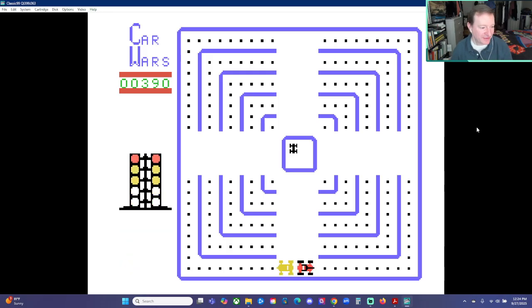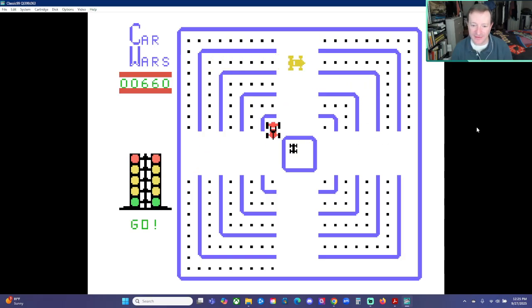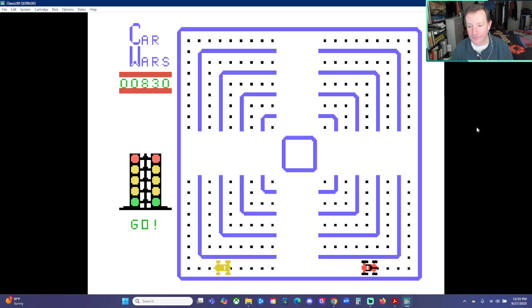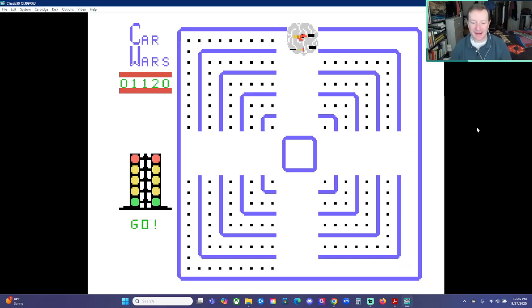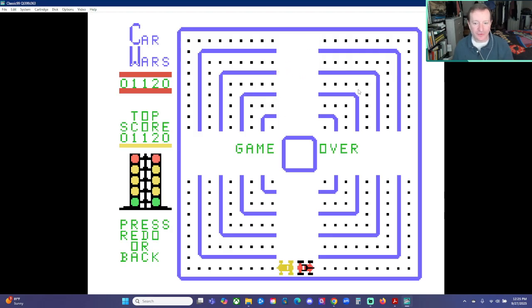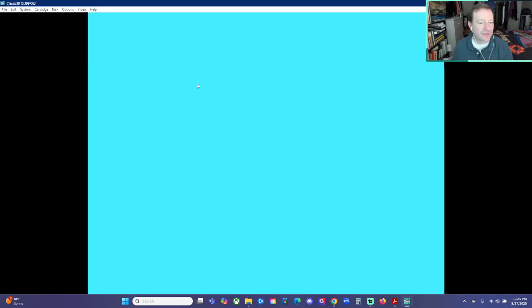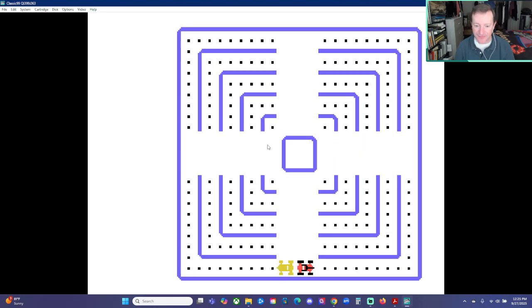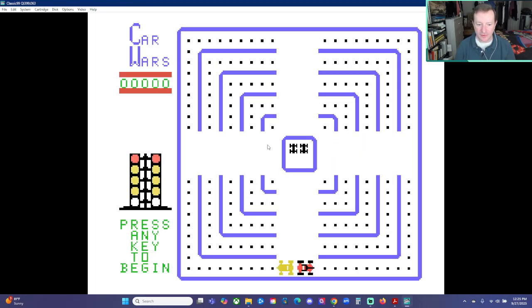I'll show you the fastest version here in a minute so you can get some sense of the kinds of things you can do on this system. I made the same mistake twice in a row. I suck. I'm untrainable. Okay. Uh-oh. Yeah, that's right. Let's reset. The keys on the emulator are different than the keys on the actual system. So, pressing the key to begin.